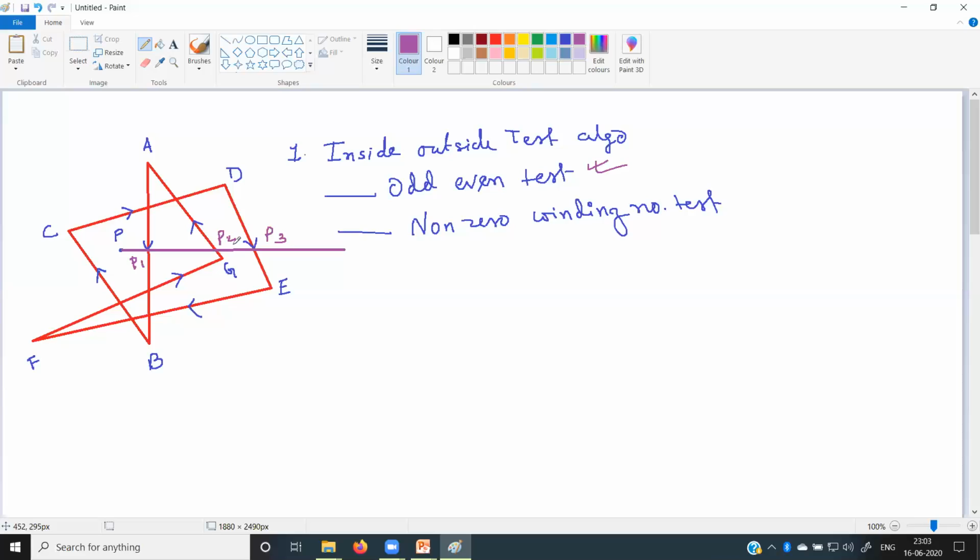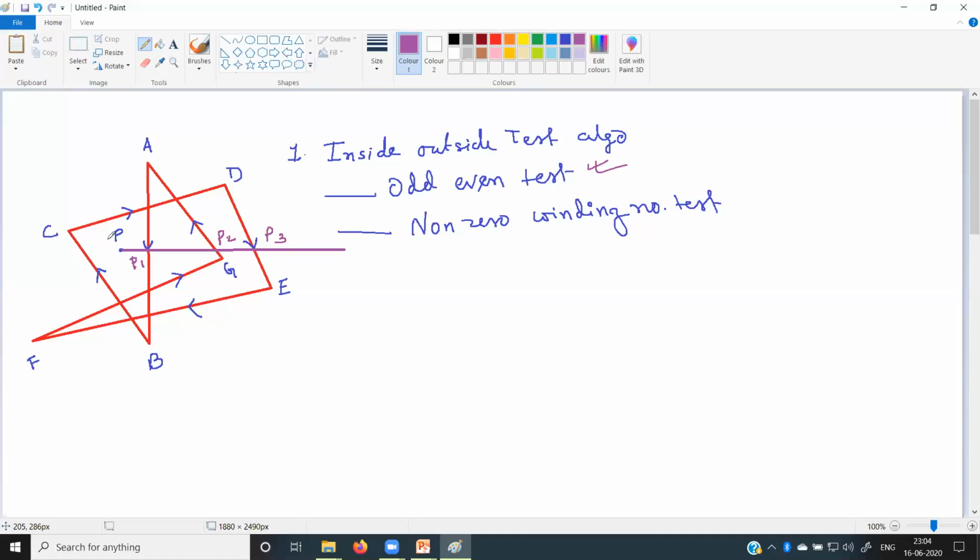So here you can see there are 3 intersecting points. So we can consider the point P is inside of the polygon. So this region is the interior. In this way, we can draw a line from all the points present in that region, and based on the number of intersection points, we can take the decision whether the point is inside or not.